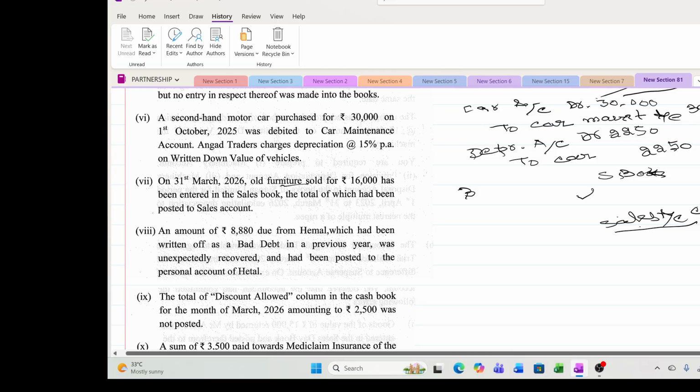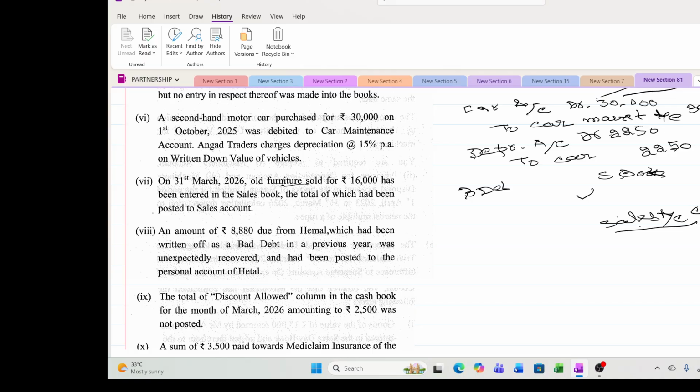So bad debit to that customer, sundry debtor. So now this fellow is no more in your books because it is written off.